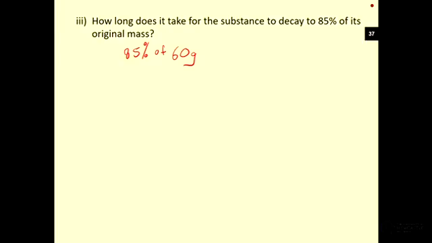Well, at times in these situations, into the calculator you might use your percent key, but this is telling me 85% of 60 grams. That's how I do my calc there. That's what it's asking me. What's 85% of 60? Well, 0.85 times 60 gives me 51.